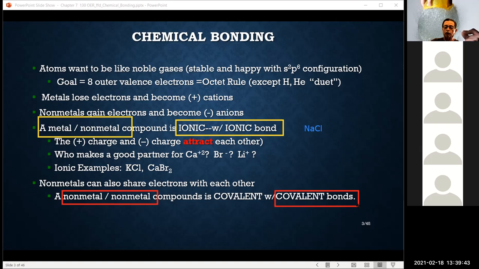A covalent bond, because what they do is they share those electrons in that bond. We will learn that ionic bonds do not share. With ionic bonds, remember, the ions are coming together. We've got a combination of ions. It is like 2 magnets coming together.